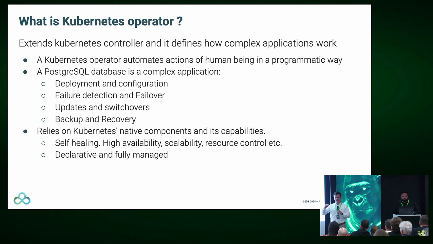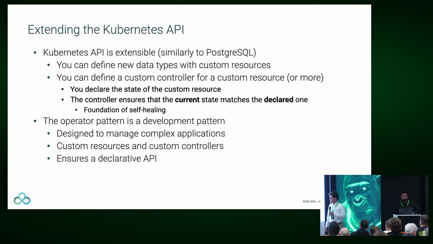You define your state in the spec, the operator reads that spec and tries to make things be that way, and if they are, it updates the status. It's very similar to a state machine.